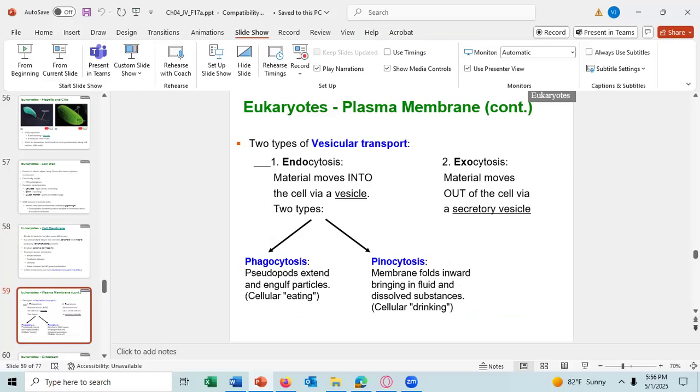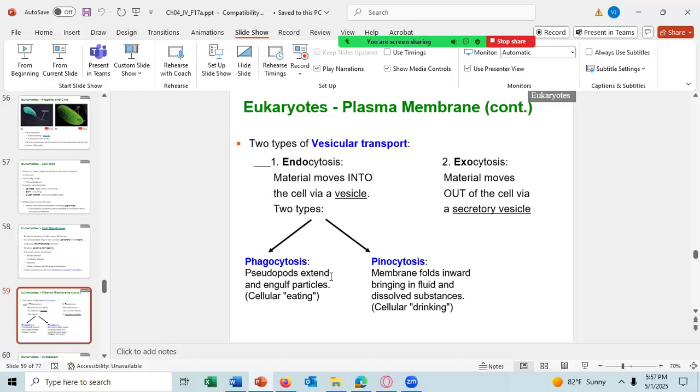Two types of vesicle transport: endocytosis and exocytosis. Exocytosis is where the material moves up to the cell membrane and then fuses with the cell membrane, dumping the contents outside the cell. Endocytosis is where material moves into the cell by a vesicle, and this can happen either by phagocytosis or pinocytosis.